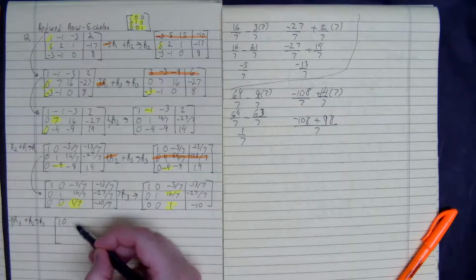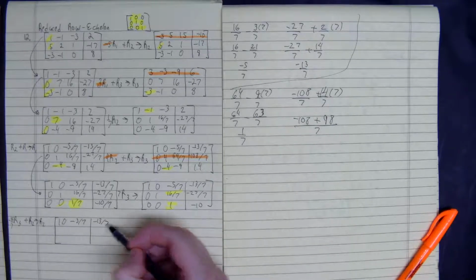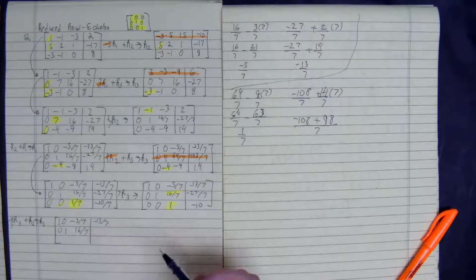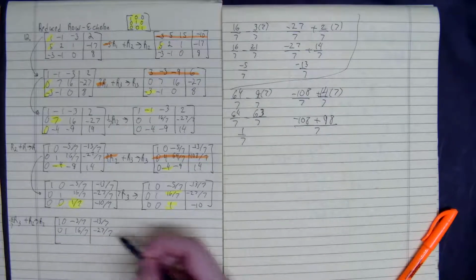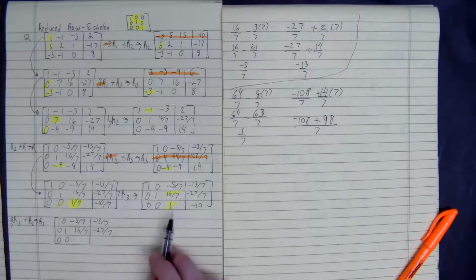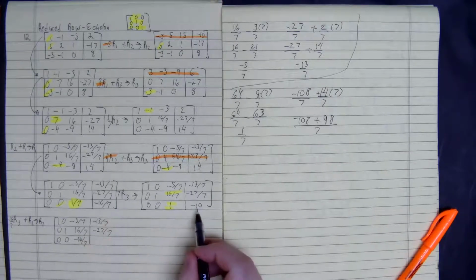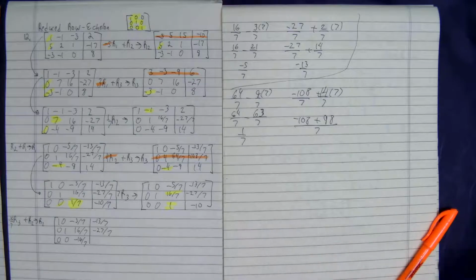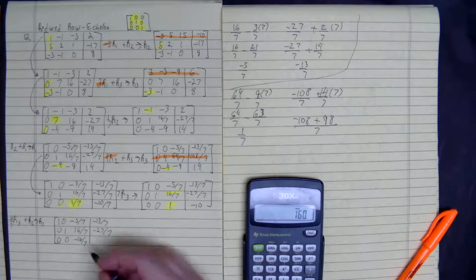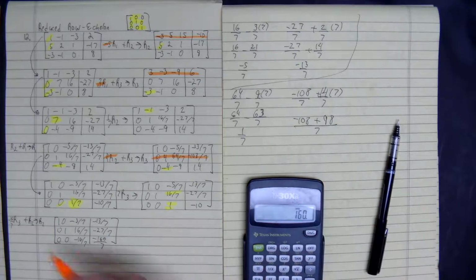First row doesn't change: 1, 0, negative 5 sevenths, negative 13 sevenths. 0, 1, 16 sevenths, negative 27 sevenths. 0, 0, this multiplies and becomes negative 16 sevenths, and negative 10 times negative 16 would be 160, so 160 sevenths. So this is the row we multiplied.